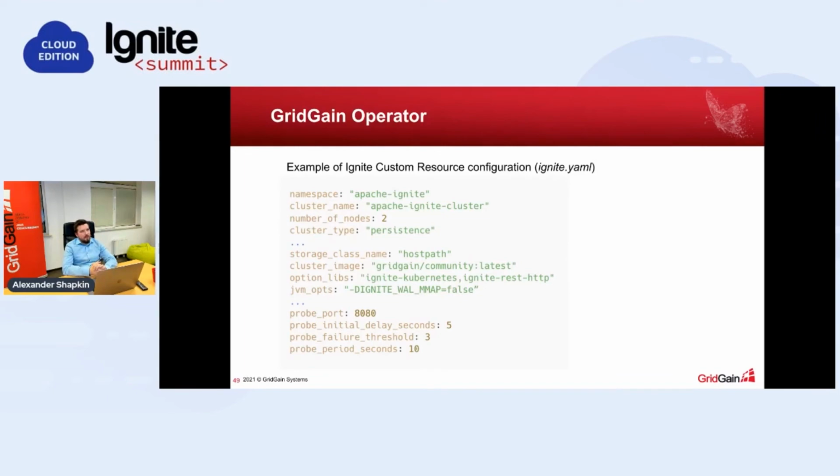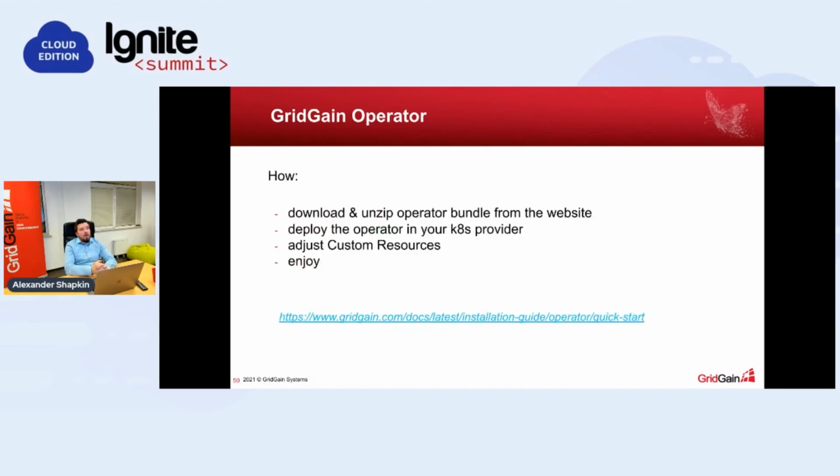Here is just an example of an Ignite custom resource. As you can see, you just tell the operator what number of nodes you would like to have, which image to use, what JVM args you'd like to have, and so on. How would you like to get it running?